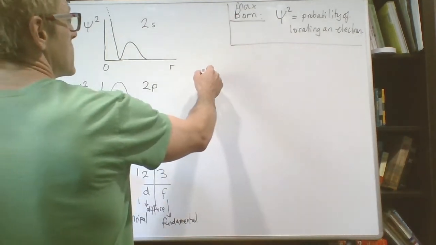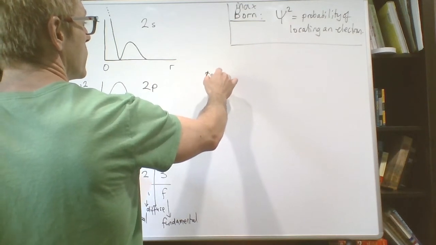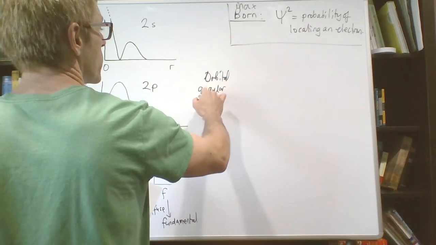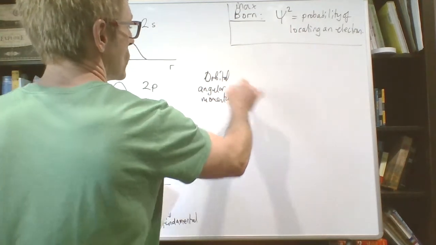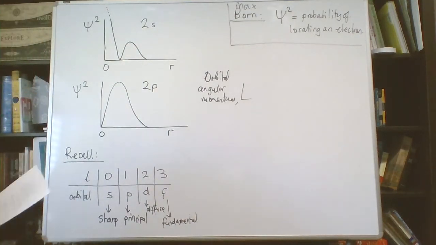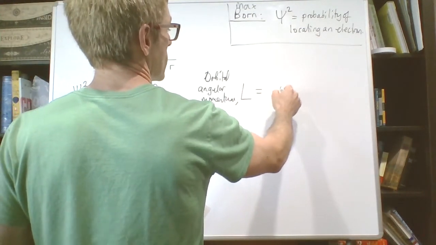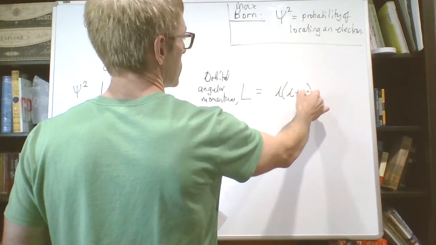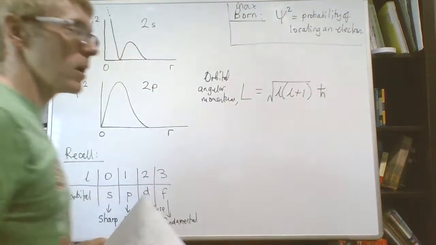Okay, so let orbital angular momentum, let's call it capital L. So orbital angular momentum, capital L, is going to be our quantum number l times l plus 1, all square rooted, multiplied by h bar.